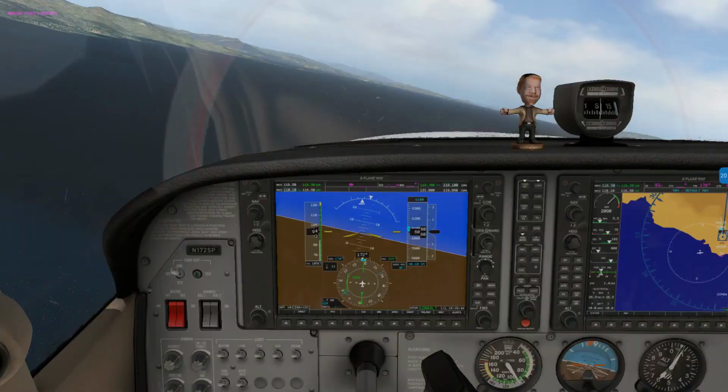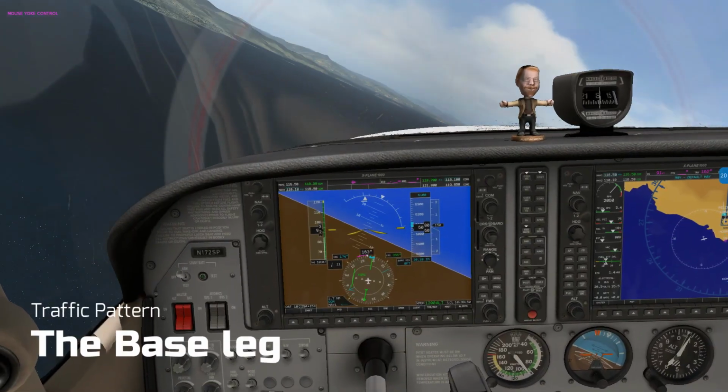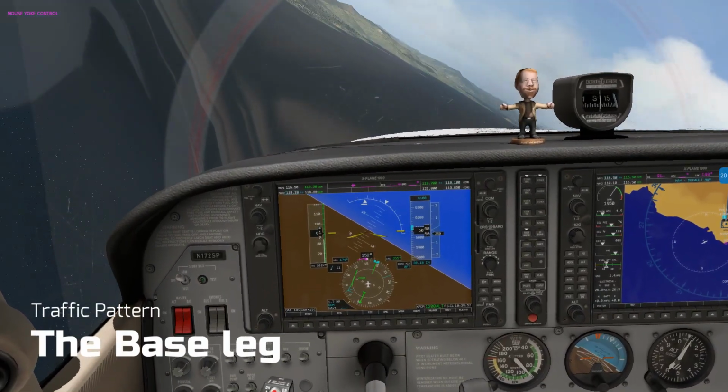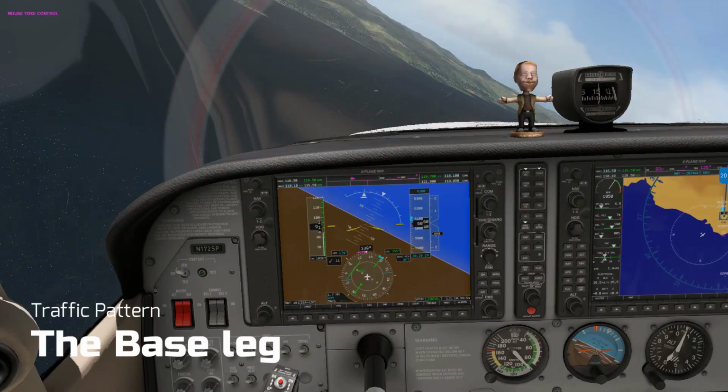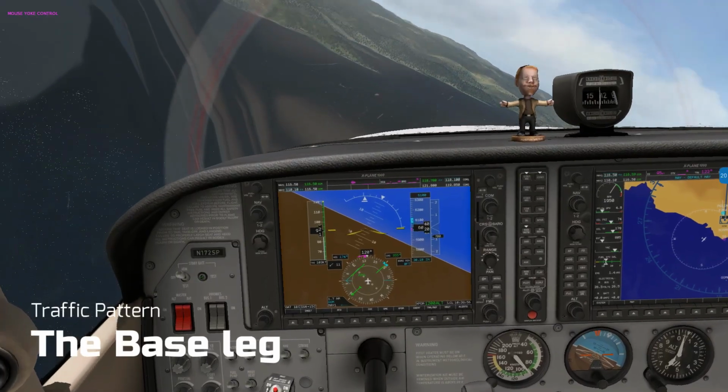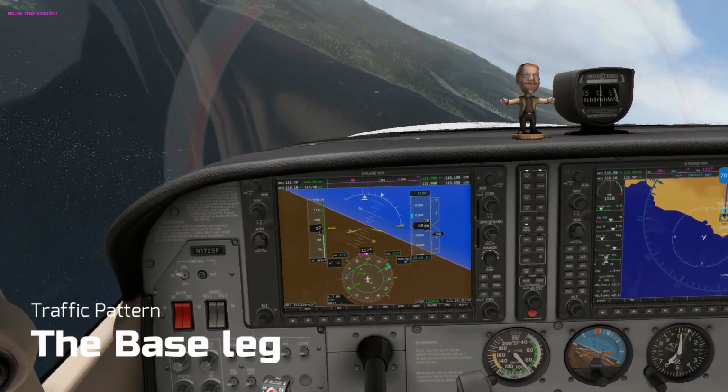Okay, close enough. Let's turn to a target heading of 85 degrees as we join the base leg while descending. I'm gonna let that speed drop all the way around 70 to 80 knots.